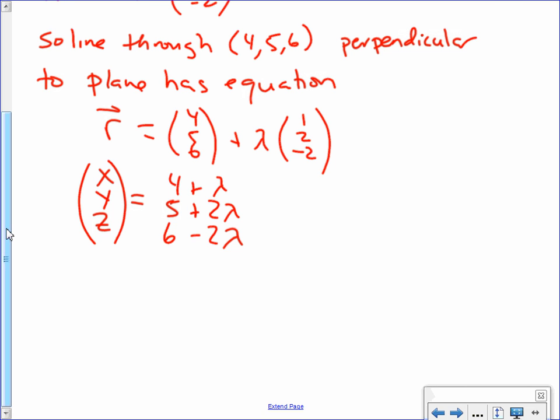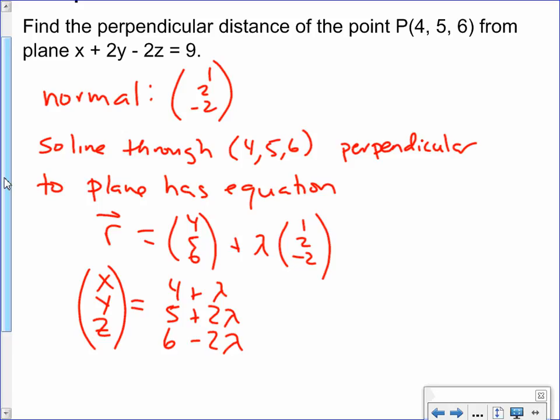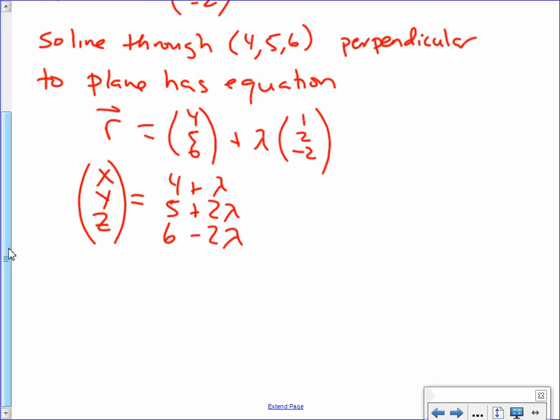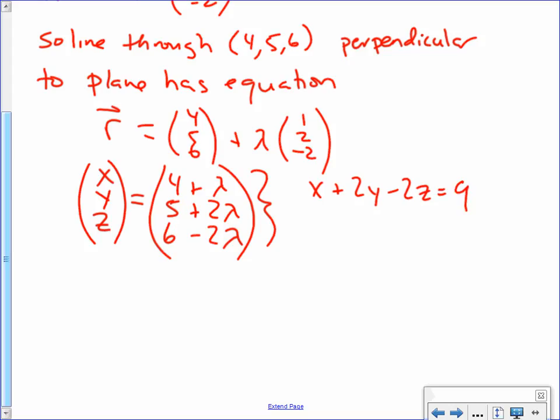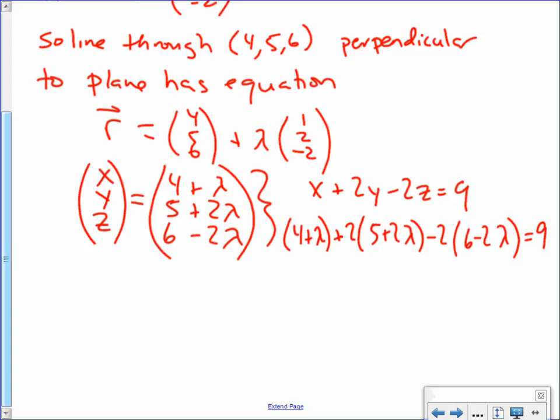Just plug that in, since they all equate to x, y, z, just plug it into that equation. So if you plug it into x plus 2y minus 2z equals 9, x is 4 plus lambda, plus 2 times 5 plus 2 lambda, minus 2 times 6 minus 2 lambda is equal to 9.